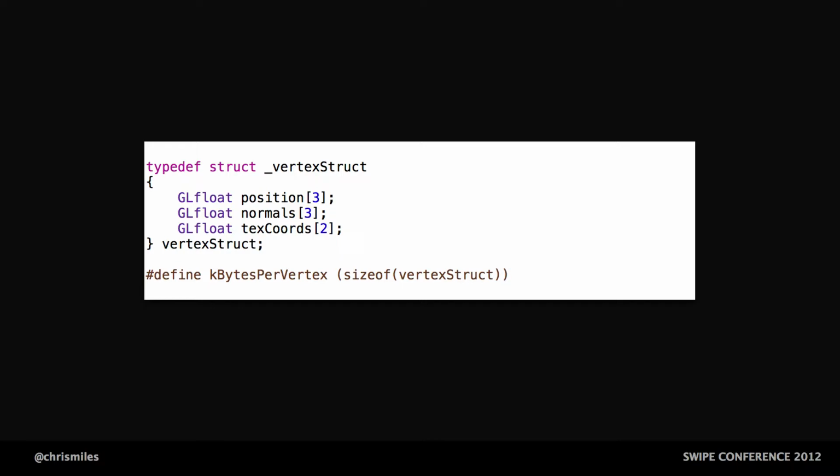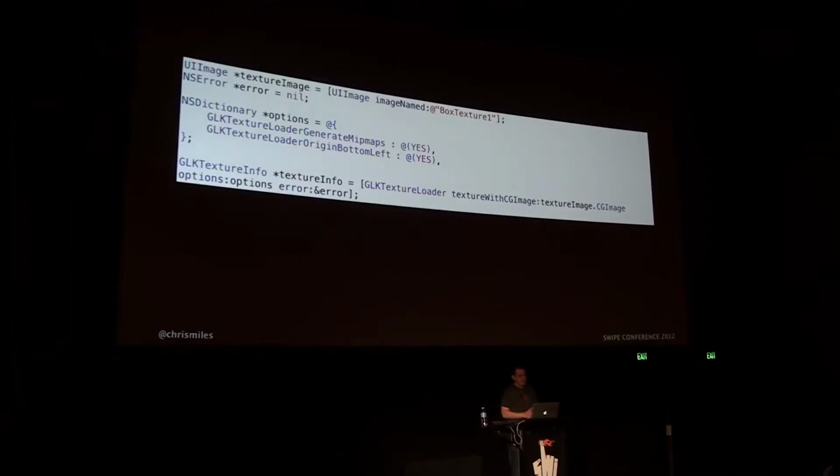And then we supply an array of 2 values for our texture coordinate. So that'll be the X and Y position within that texture image of where that vertex will map to. Then in code, we need to load that image into OpenGL as a texture.